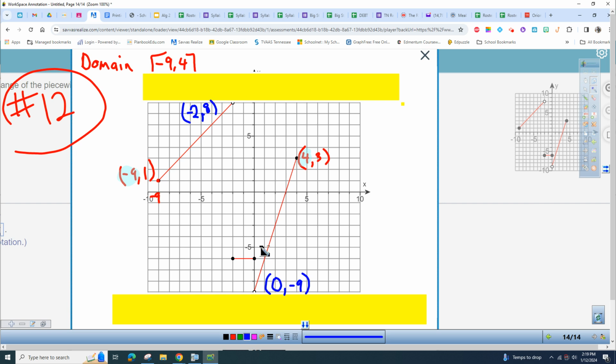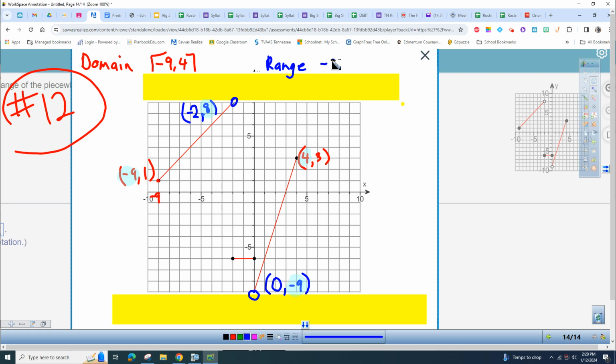And so for the range, okay, we're talking an open dot down here, right? And an open dot up here. So we're going to go with -9 and 8 because we're Y values.